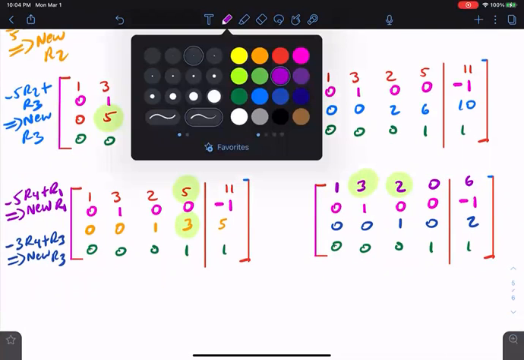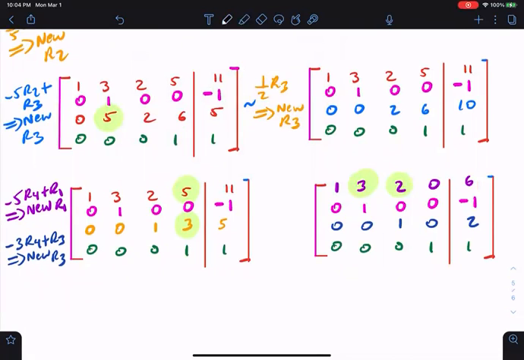For the 2 that is in green right now, I'm talking about this guy, I'm going to multiply negative 2 row 3 plus row 1, which will give me new row 1.